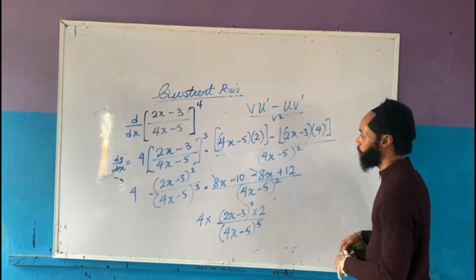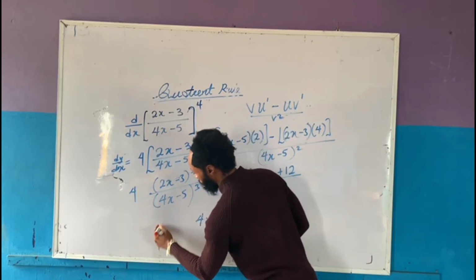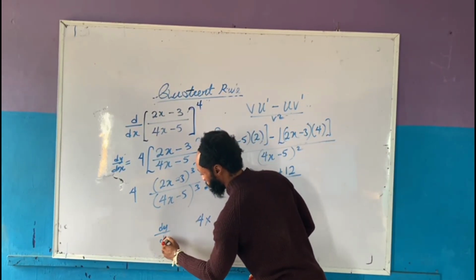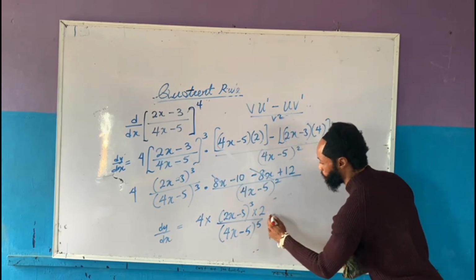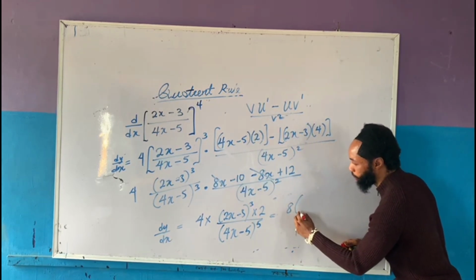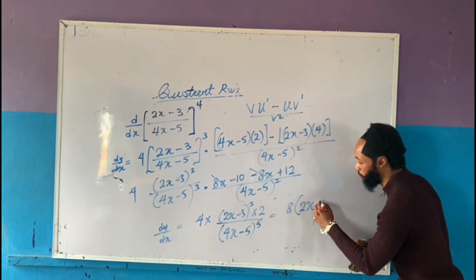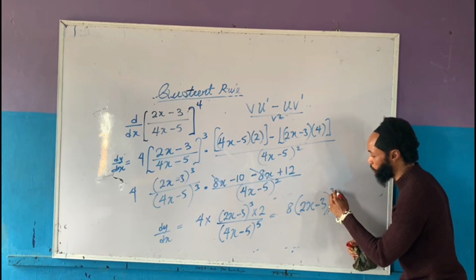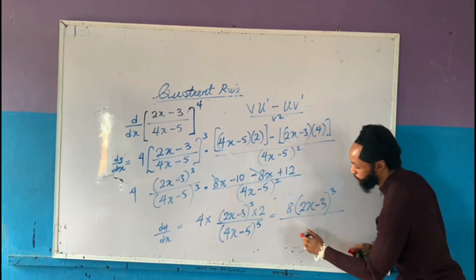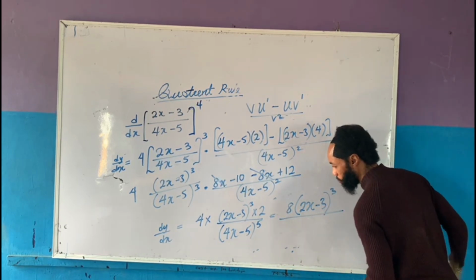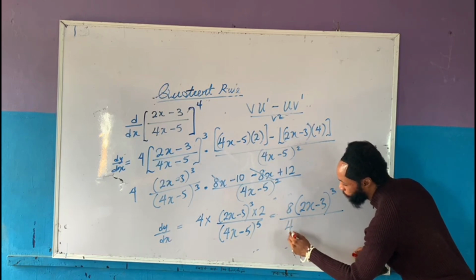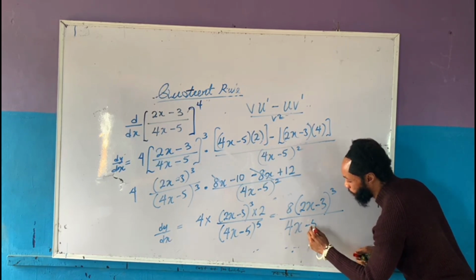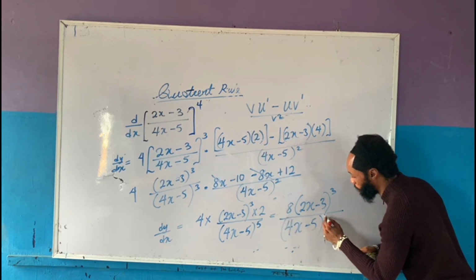Then remember, dy/dx equals 8 into bracket 2x minus 3, all raised to the power 3, all over 4x minus 5, all raised to the power 5.